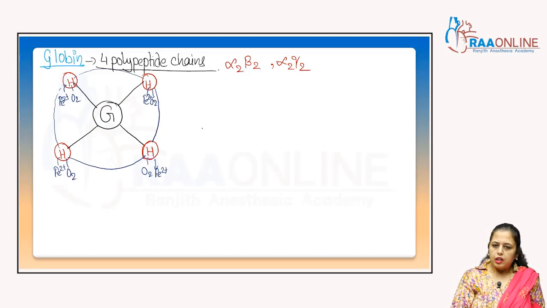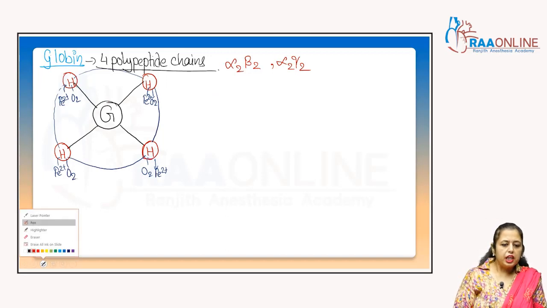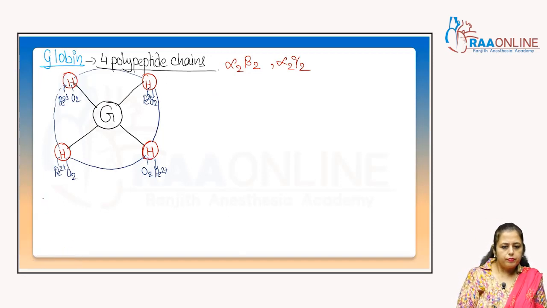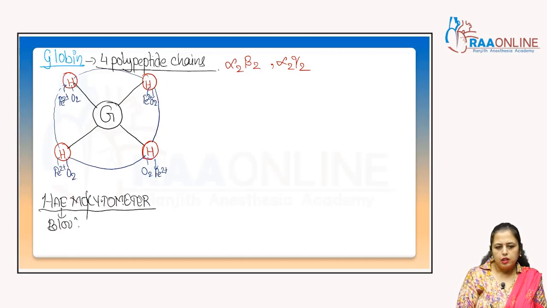hemoglobin, right? Now what will happen? See, there is a method that is the hemocytometer, right? Hemocytometer: hemo is related to the blood, cyto is related to the cell, meter is the measurement.